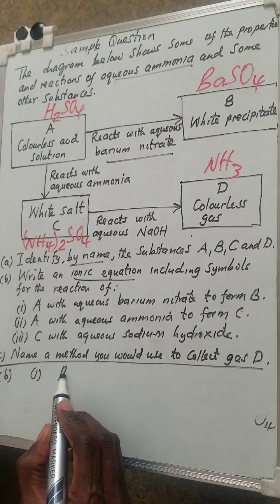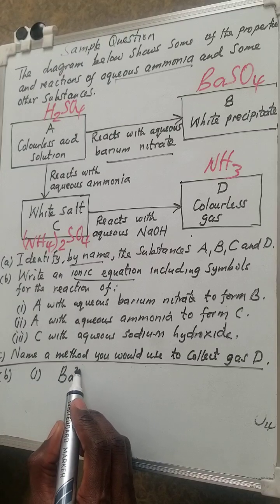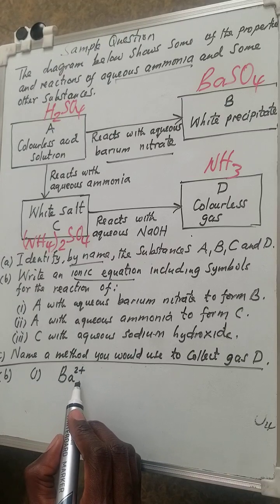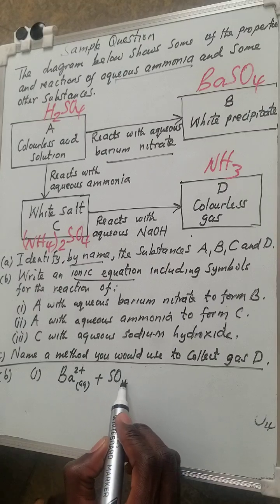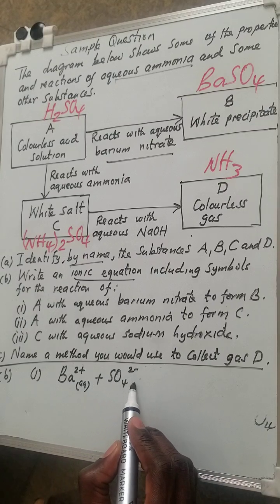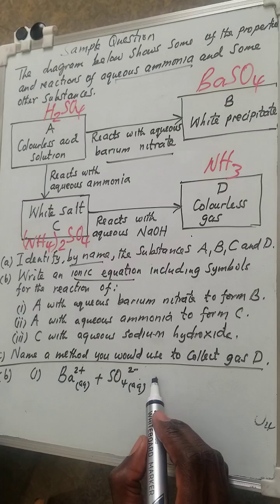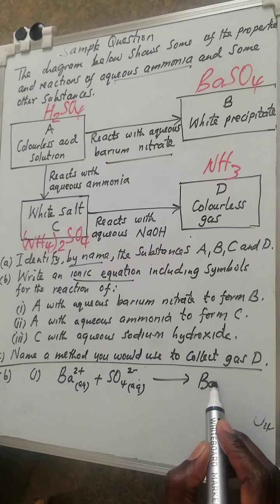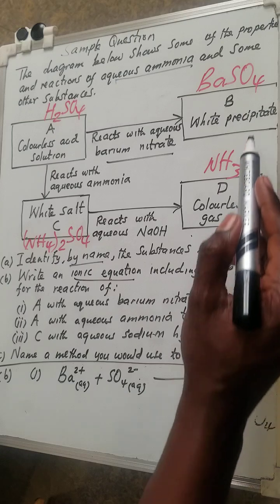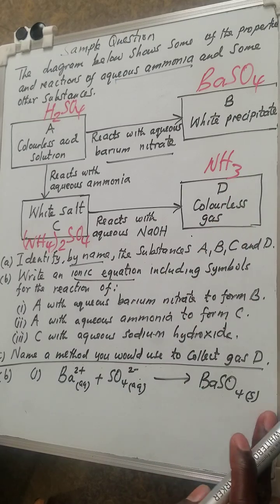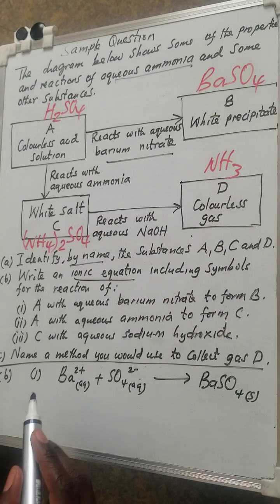Therefore the ionic equation is: barium, which has a valence of 2, so Ba2+ in aqueous, reacting with the sulfate ion, which is also in aqueous, to produce barium sulfate, and barium sulfate is a precipitate, so we use the state symbol s for solid.